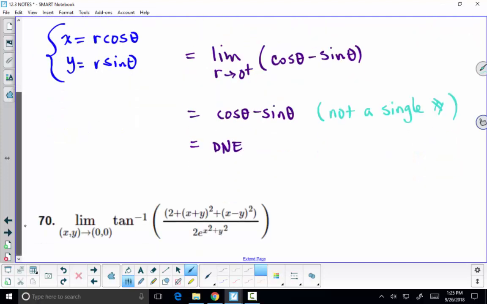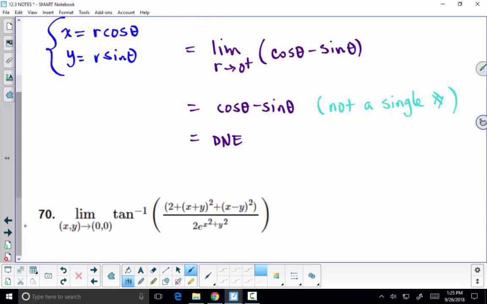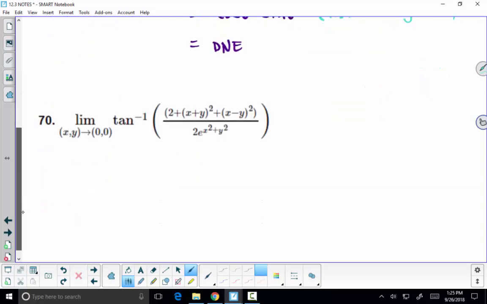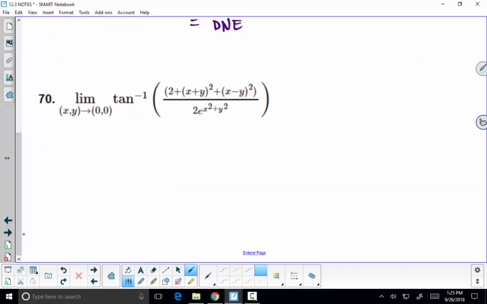All right, let's take a look at that one. It looks to me like we're in a similar situation. If we plug in zeros, we're going to end up with 2 divided by 2. Oh, no, this just works out fine, I guess. I don't know why I was second guessing.